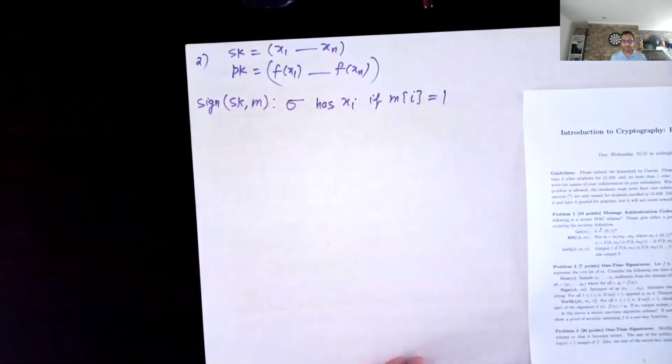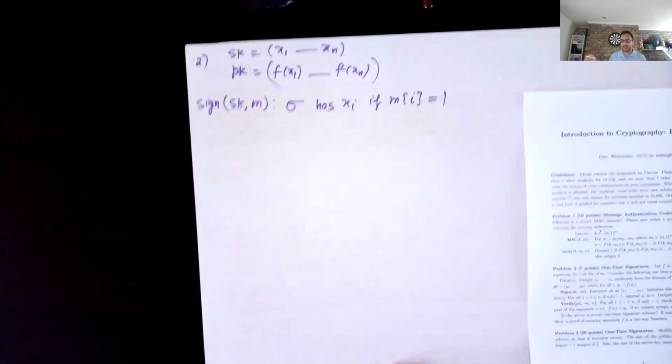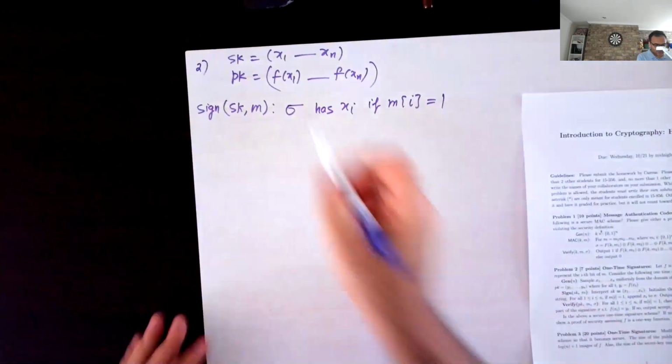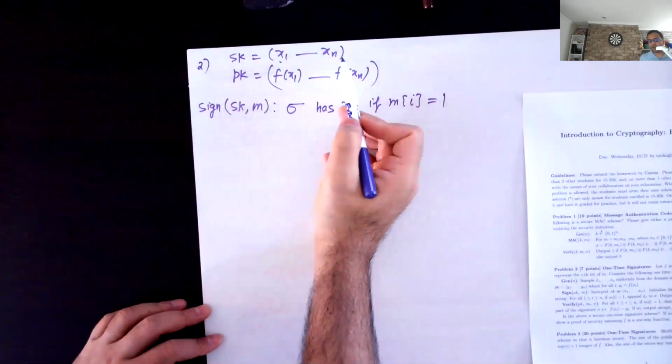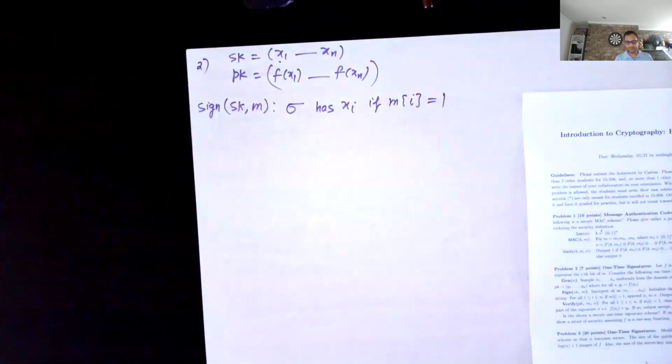Okay. So you look at the places where the message is 0, and you want to include the corresponding xi's. So this is clearly insecure because, in particular, look at the all 0 message. The all 0 message has empty signature. And even without making any query, I as an adversary can always forge the signature on the all 0 message.